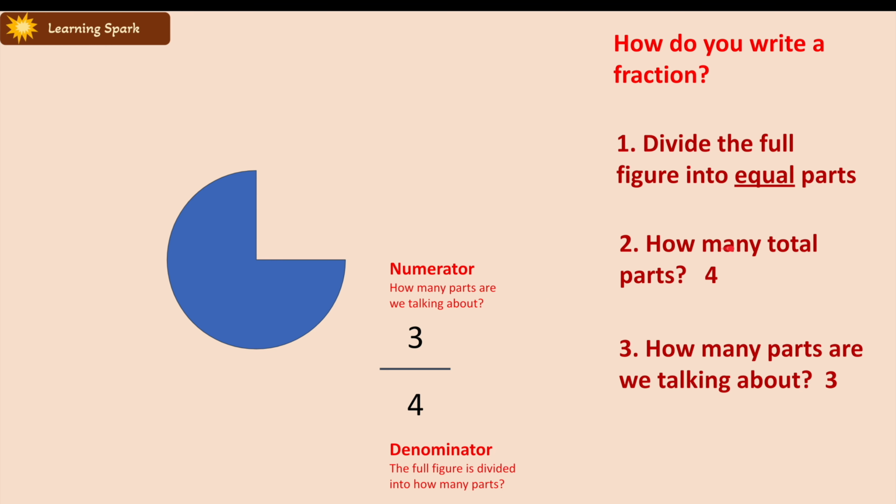So the total figure is divided into 4 parts, so the denominator is 4. We are talking about 1, 2, 3 parts out of that 4, so we put that into the numerator. The fraction becomes 3 by 4. That's the fraction that we get.